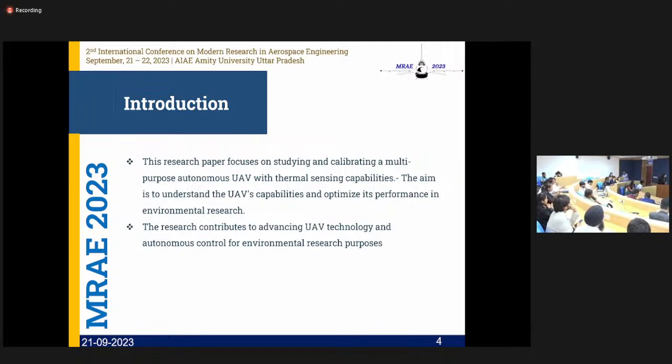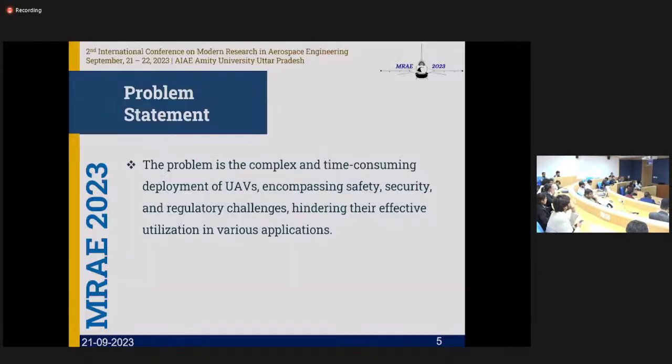You can continue. Yes. So it is more like using pre-programmed flight paths in autonomous systems to collect data on tracking features, volcano detection, forest fire detection, and hydrothermal studies. Now, the problem statement: the deployment of UAVs, encompassing safety and security challenges, are some of the major concerns, where there are regulations by the DGCA for the flight zone as well.